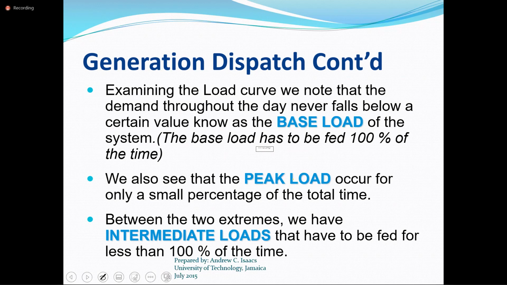Because at your slack bus, you want to maintain that 1 at angle 0. So if the demand is such that you're moving away from your 1 at angle 0 at your slack, and again, remember your slack is your reference point, right? To do that, it's going to export more VARs into the system. So that's the primary reason for your slack.